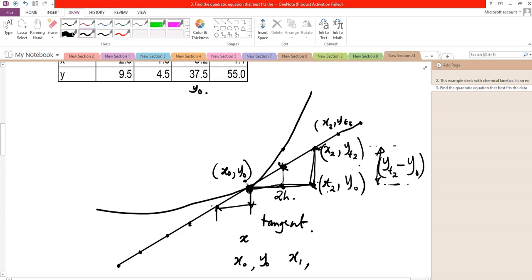Now you have here, okay, let me just say second two step backward. Here is the same thing as saying x subscript minus 2 comma y subscript minus t2.